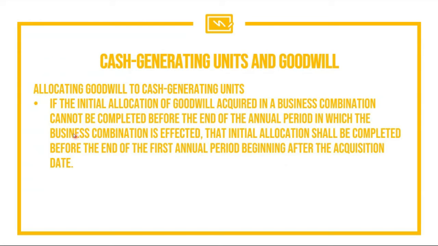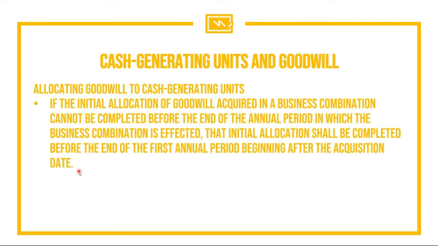Okay? If the initial allocation of goodwill acquired in a business combination cannot be completed before the end of the annual period in which the business combination is effected, the initial allocation shall be completed before the end of the first annual period beginning after the acquisition date. Of course, this is already a matter of IFRS 3. But basically, the concept here is you use the most recent information, even if it is not yet the final amount or the final valuation, as the basis of your allocation of the goodwill.